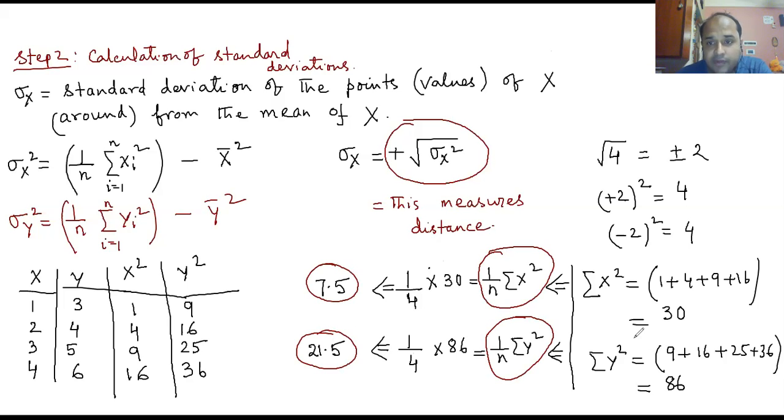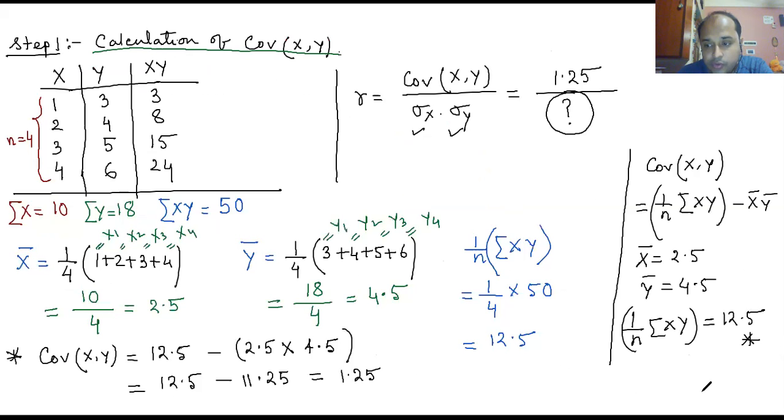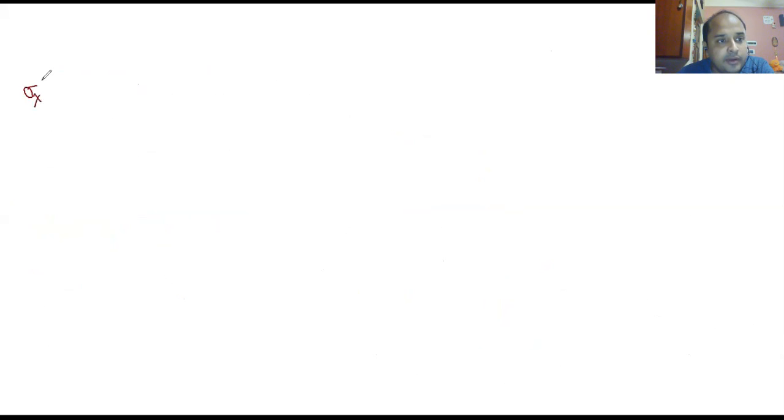Now I'm going to calculate the sigma x squared term. On the next page, sigma x square is given by 1 by n summation x square minus x bar whole square.